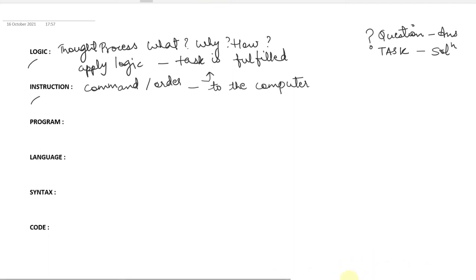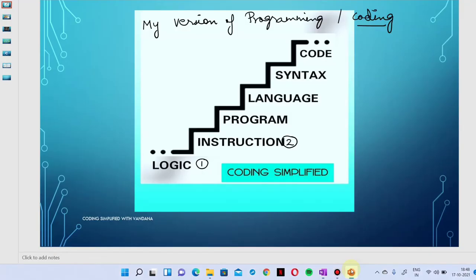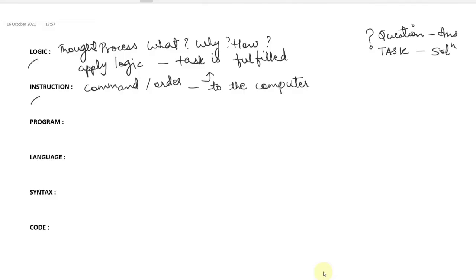Let's proceed further. After instruction, the next step is program. Let's discuss what this program is all about. This is very much linked to your previous one, that is instruction. A program is actually a set of instructions.